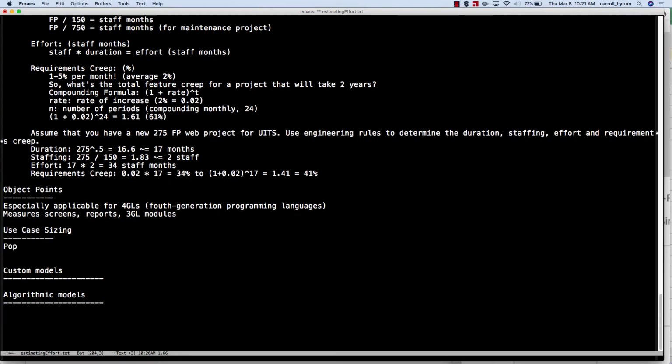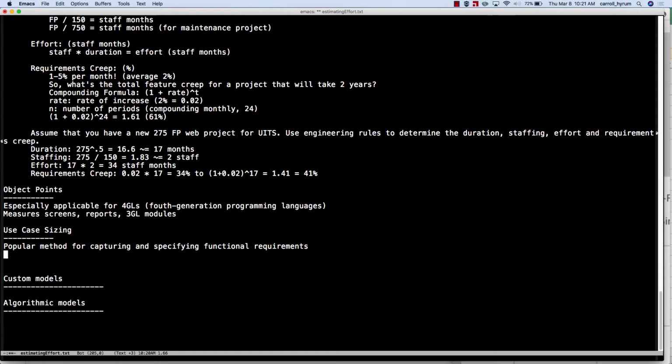Okay, so this is a popular method for capturing and specifying functional requirements. It came after function points. If you want to see more information about this, you could see uml.org for more information about use case sizing.